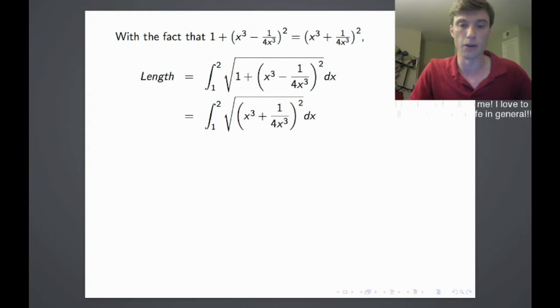Now, we are taking the square root of a quantity squared. And this is a tricky matter. I want you to slow down right now, because your instinct may be to cancel the square root and the square. And this is true for a lot of numbers. 2 squared is equal to 4, the square root of 4 is 2. But it's not true for every number.